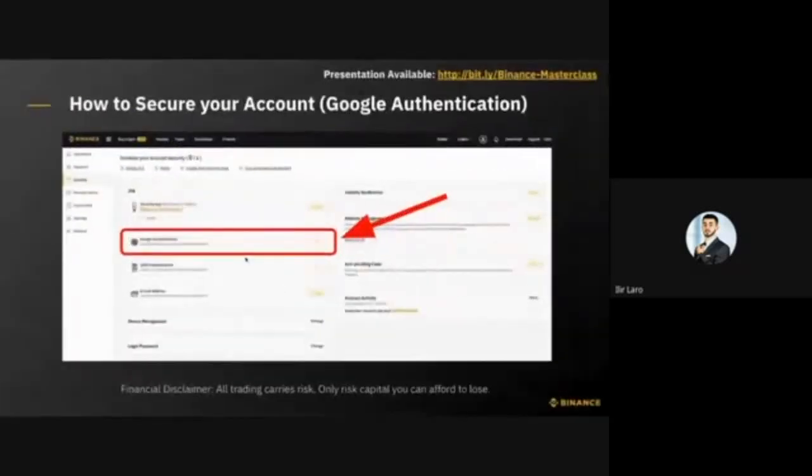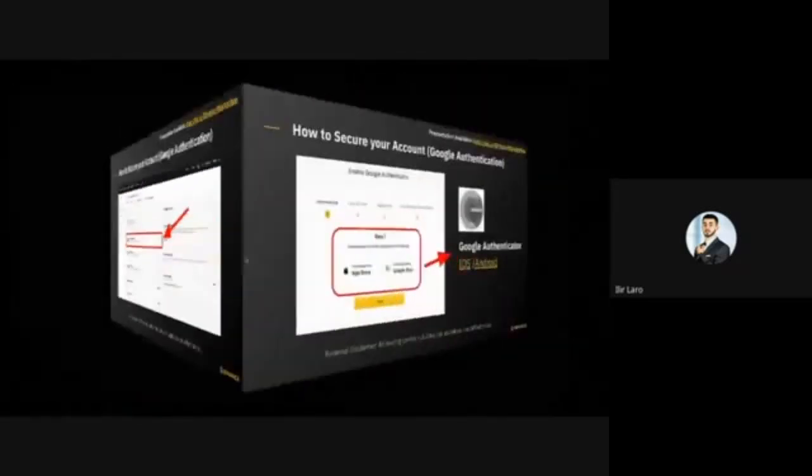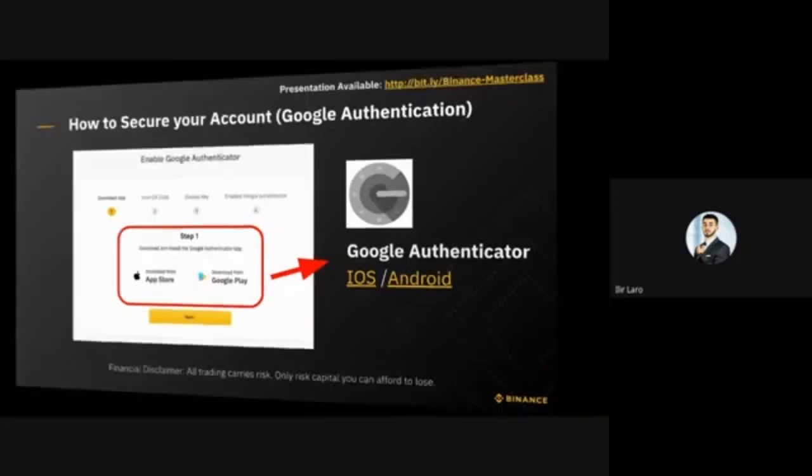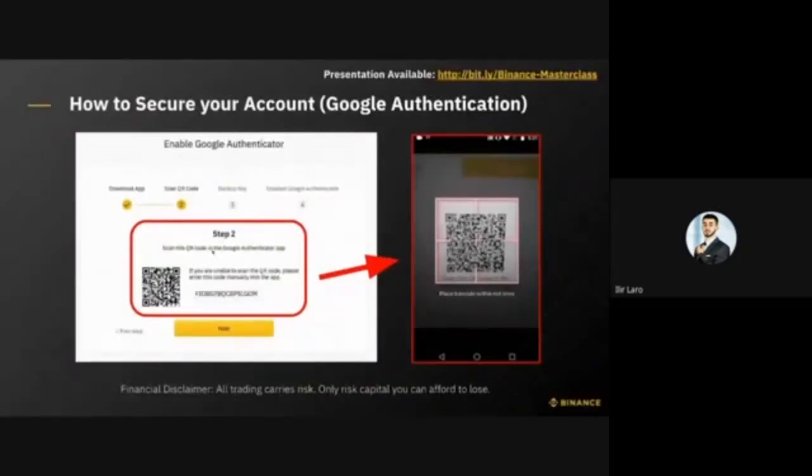First things first, click on the on button. You'll then receive a pop-up that says to download the app. You can download the app via iOS or Android. Then on your mobile phone, once you've downloaded the app, you have to scan the QR code, which you can see here.